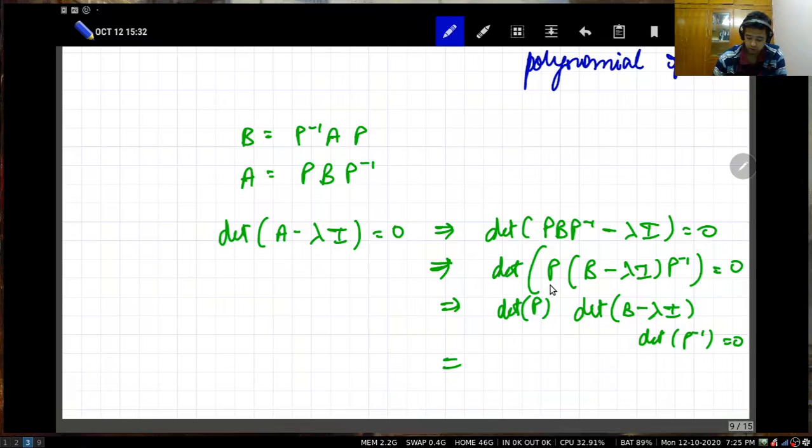So this necessarily implies that the determinant of B minus lambda times I is equal to 0, and therefore lambda is also an eigenvalue of B. Now similarly, we can also prove that if some kappa is an eigenvalue of B, then kappa must also be an eigenvalue of A, using the same set of operations, right?